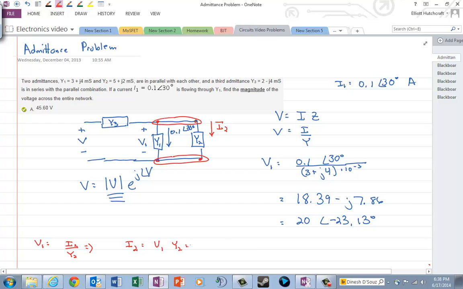So my V1 I've got is 20 angle minus 23.13 degrees, and my Y2 is 5 plus j2, both of those times 10 to the minus 3. So that'll have me in Siemens.